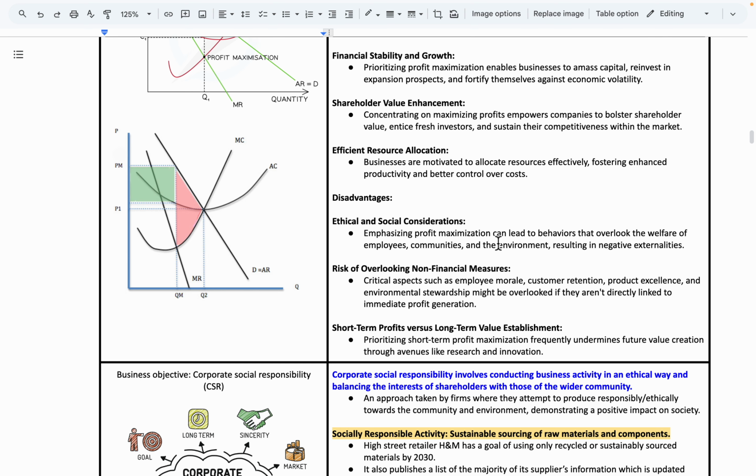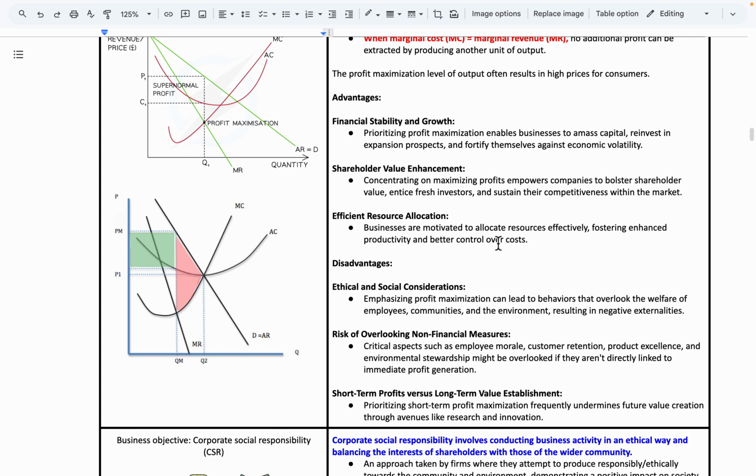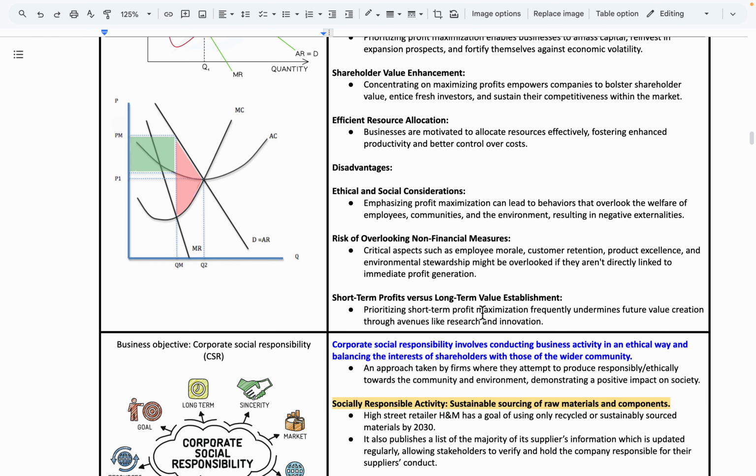Okay, the disadvantages, though, are like the ethical and social considerations. They're trying to maximize profit, so they might overlook aspects like welfare, like the happiness of people. And most of these industries, when they try to maximize profit, it might result in negative externalities, and risk of overlooking non-financial measures and short-term profits versus long-term value establishment.